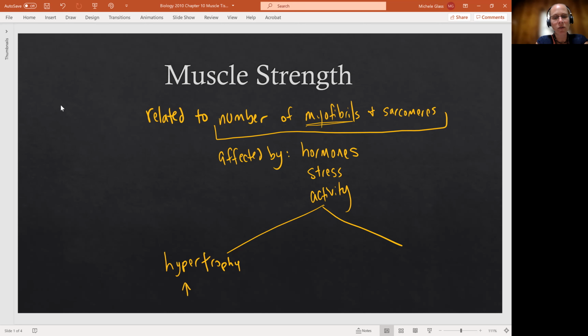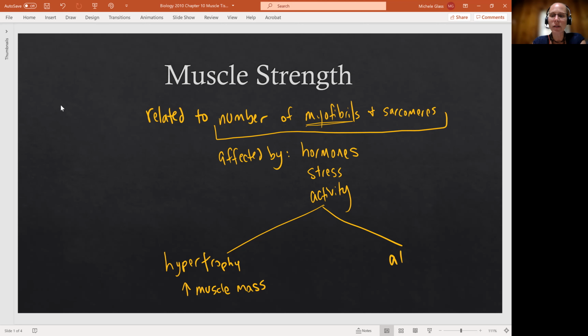So in this case, you're increasing muscle mass, and to increase the muscle mass really means increasing the number of myofibrils. So you're not actually changing the number of muscle fibers or cells that you have in an individual muscle. You're changing the properties of the muscle fibers themselves. So in building strength and muscle mass, we're talking about increasing the number of myofibrils. Right, so we're talking about more contractile proteins, more power.